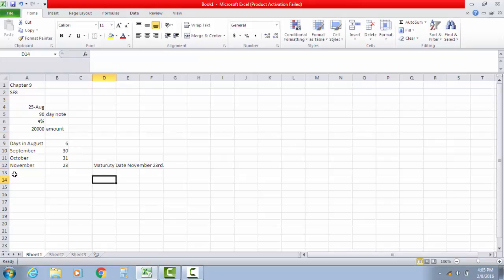Then to take a look at the interest, what you do is take a look at the principal, 20,000. Take a look at the interest rate, 9%. And then you take a look at time.